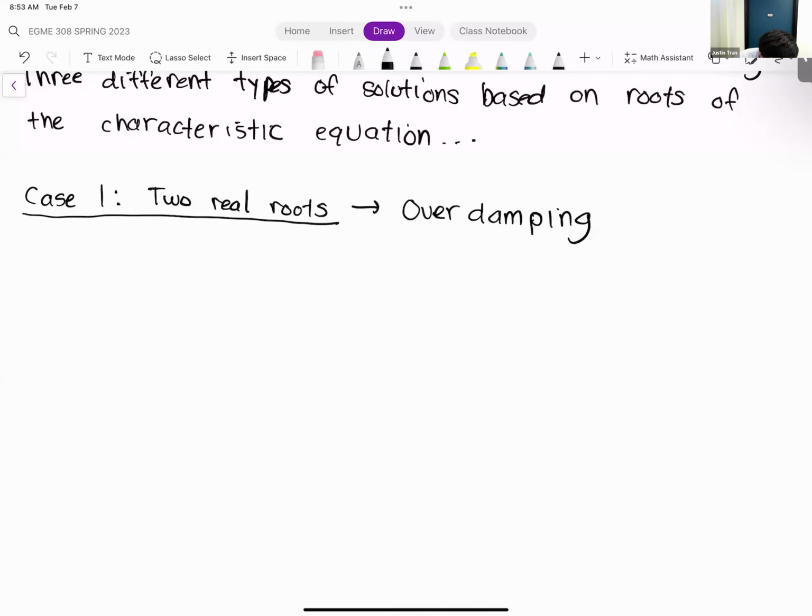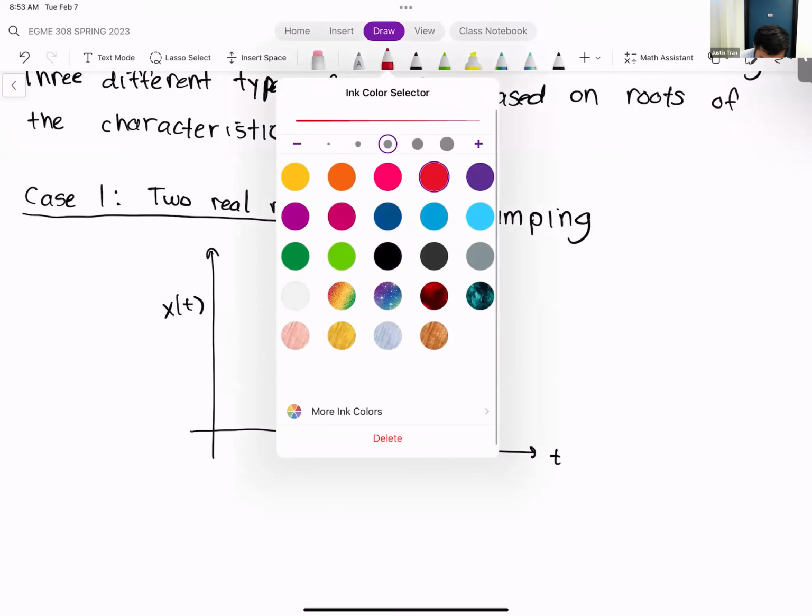Visually you don't actually get any oscillations at all. If we plot our solution, x of t on the vertical axis and t on the horizontal axis, it would look just like this.